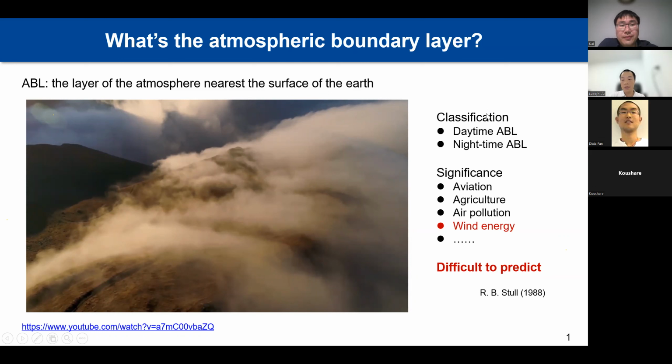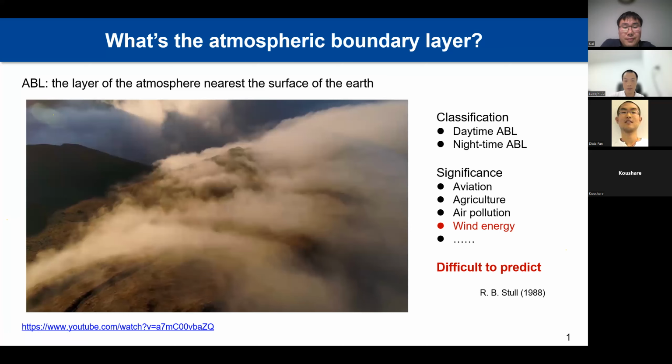Because we humans live inside the ABL, it has a significant impact on our daily life, like aviation, agriculture, air pollution, and wind energy. And because of the complex interaction between shear stress, buoyancy force, and Coriolis force, as well as complex terrain effects, the ABL flow is very difficult to predict.